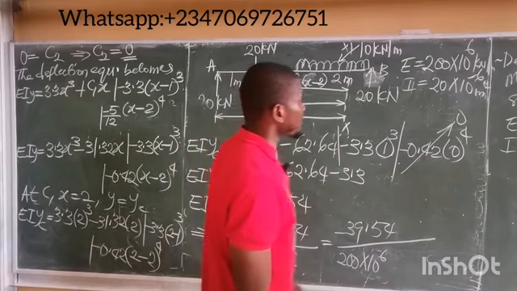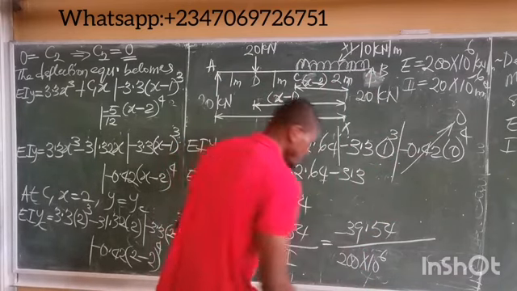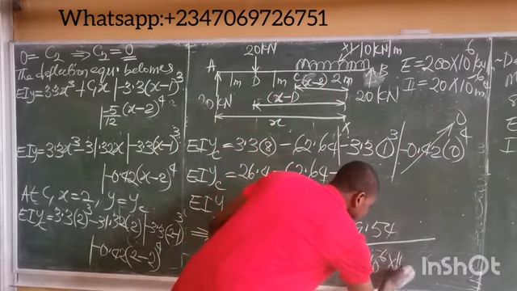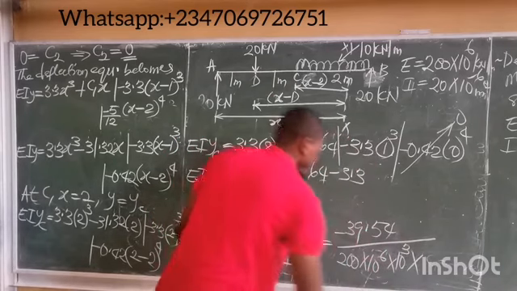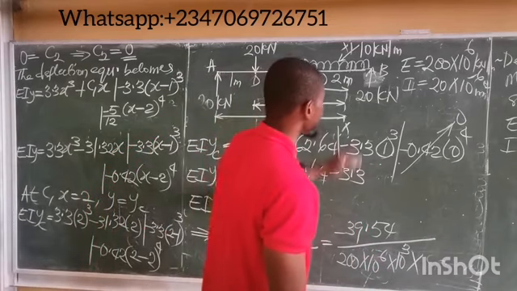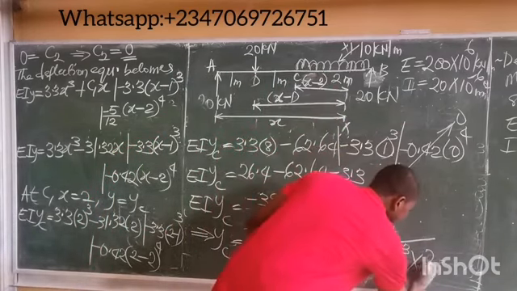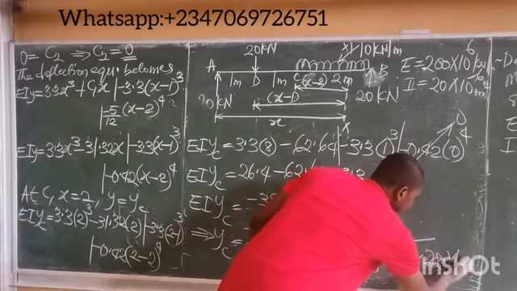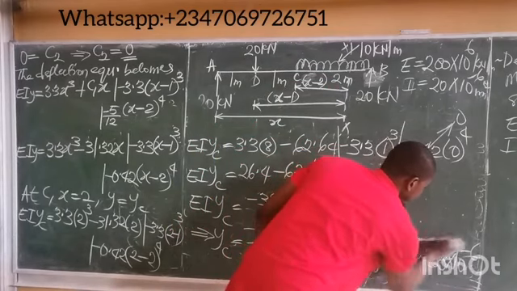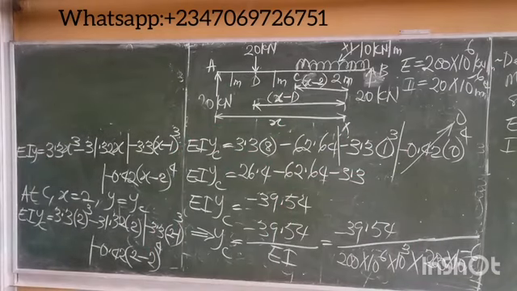Not forgetting, it is in kilonewtons per meter squared, so converting kilo means times 10 to the power of 3. Multiplying by the moment of inertia itself, which is 200 by 10 to the power of minus 6.